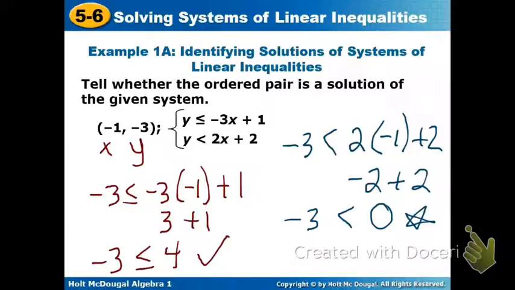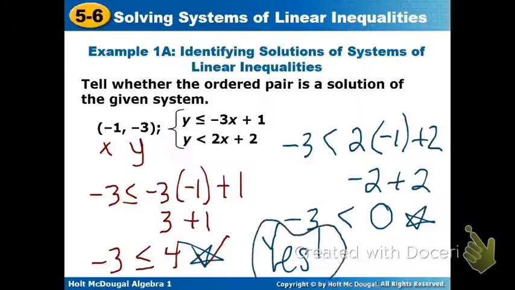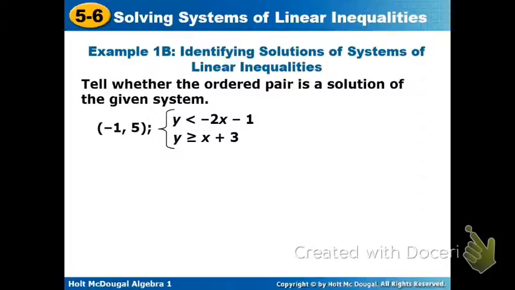So because this worked in both inequalities, is that point negative 1, negative 3 a solution to the system? Yes, this is a solution. Now you can't just put yes or no. You see all that work that's on that screen? You're going to need that on your papers as well. Alrighty, so let's look at another example here. Negative 1, 5.